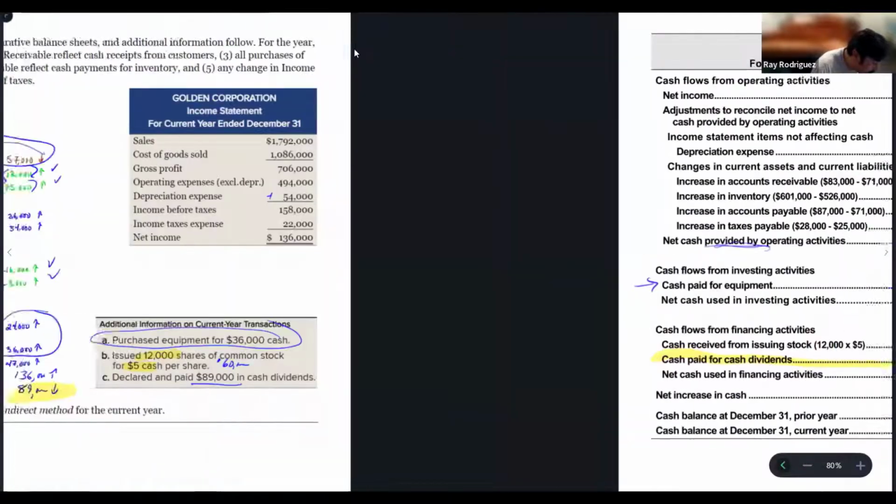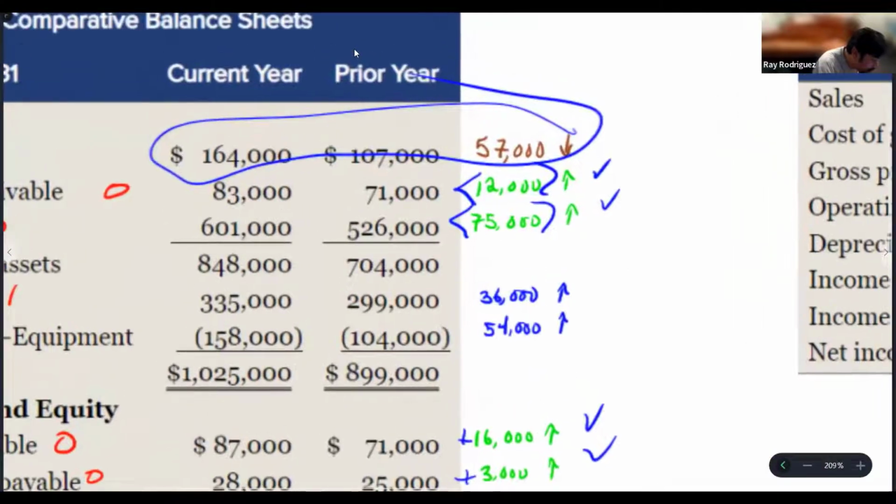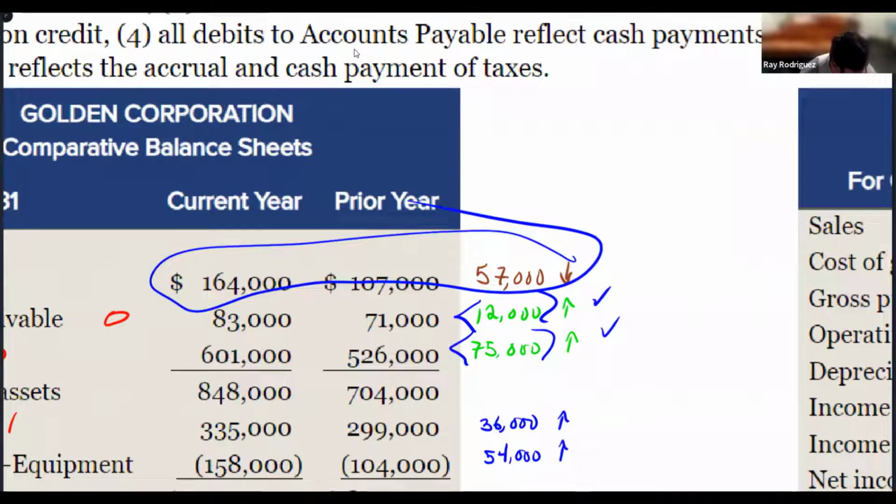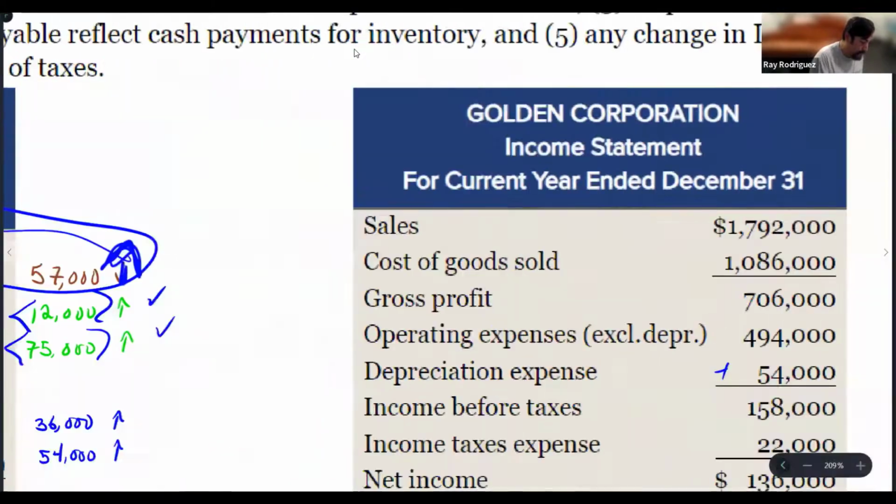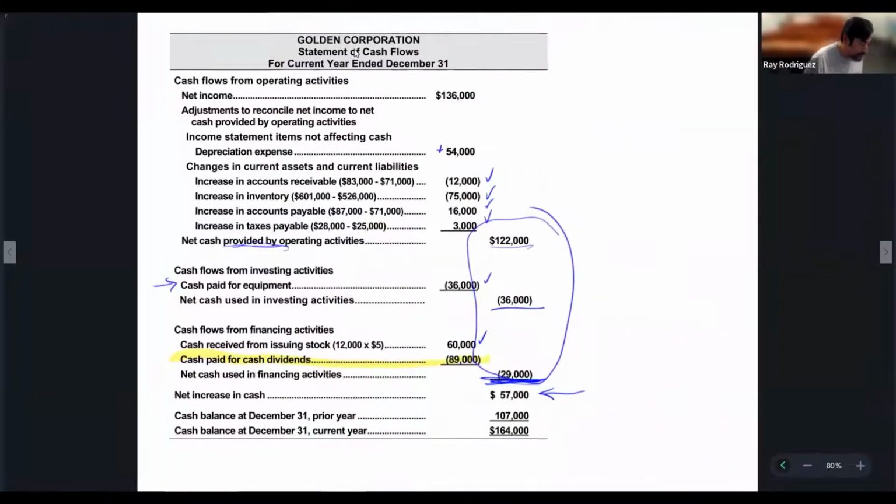Net increase. What did I do here? Oh, I just wrote it wrong. That should be a net increase. I'm glad I went back and checked my proof. So we feel good. There is the cash flow statement for the second one.